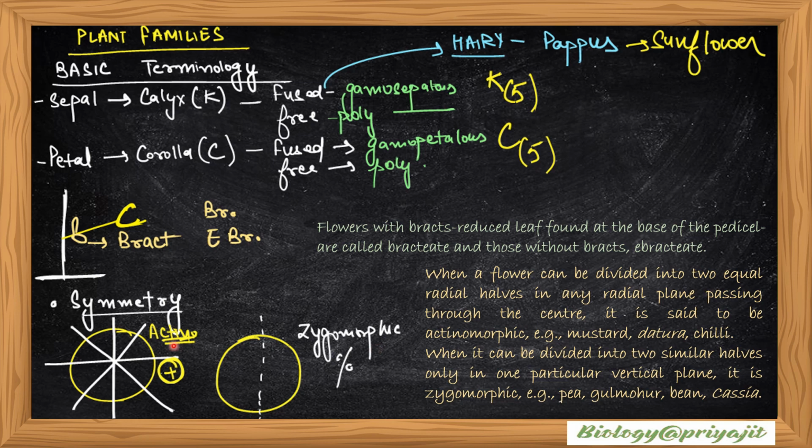The actinomorphic flower is denoted by a plus symbol enclosed within a circle, and the zygomorphic flower is denoted with the help of this percentage symbol.